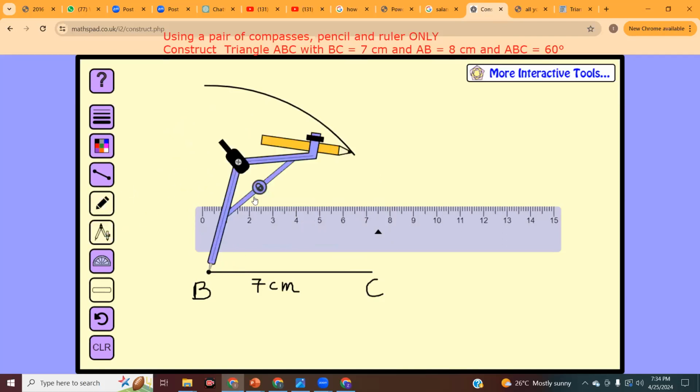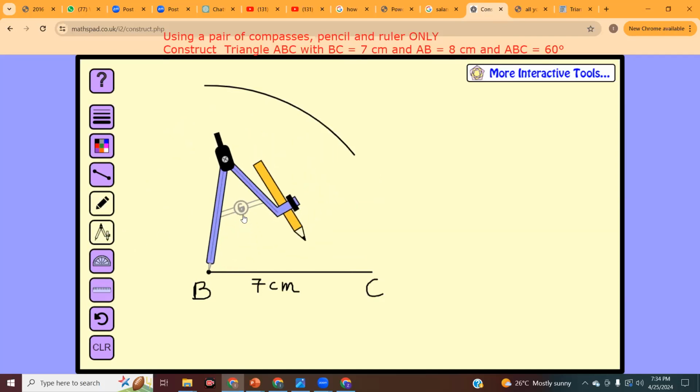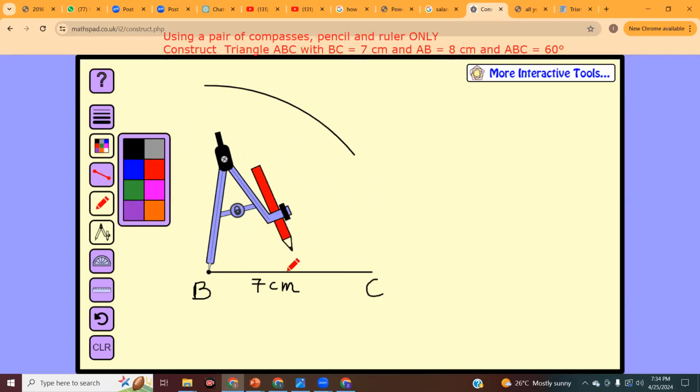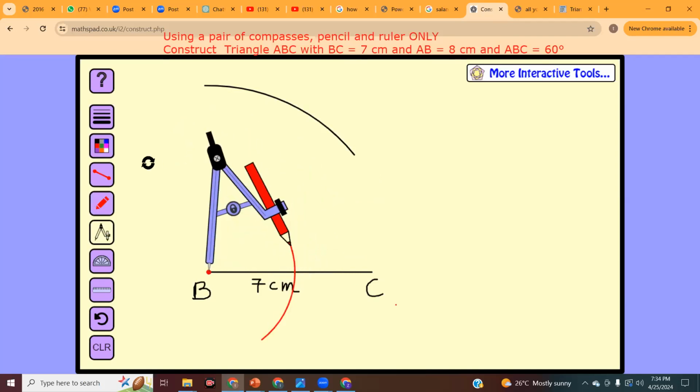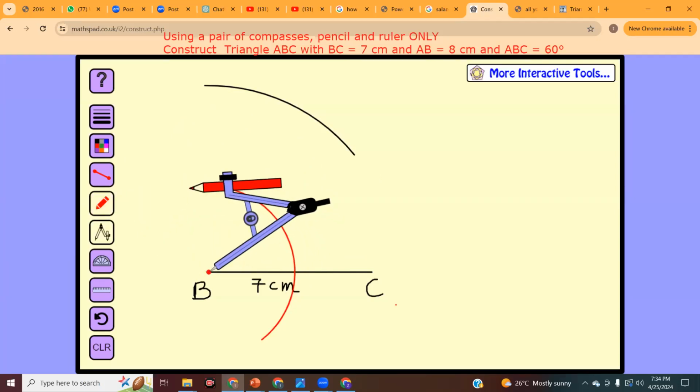You're saying that in order to draw the 60-degree angle, we must draw another arc, right? Yes. Okay. Where should this arc go? You should first place the compass on the baseline, like B, and then you would create the arc.